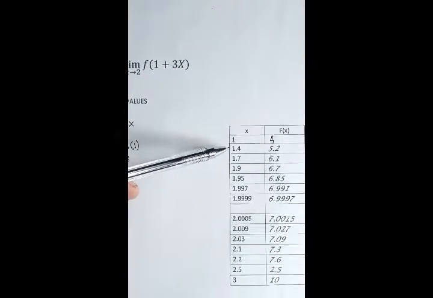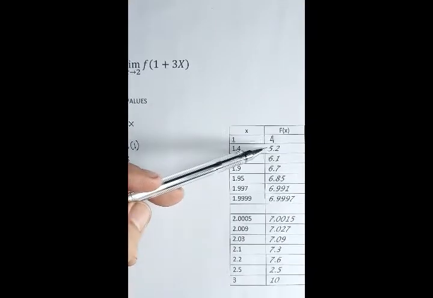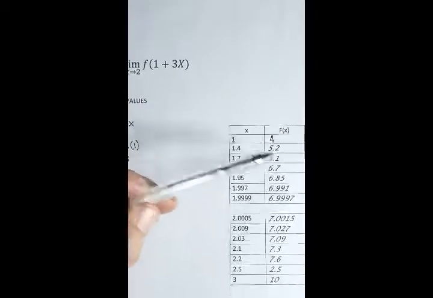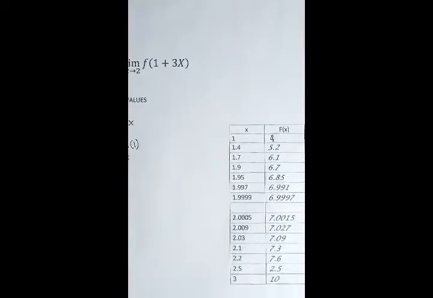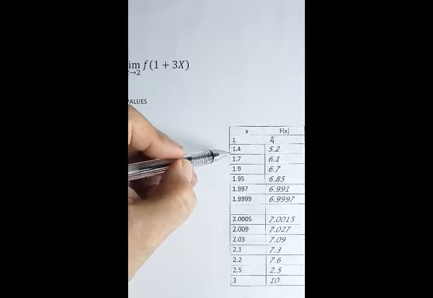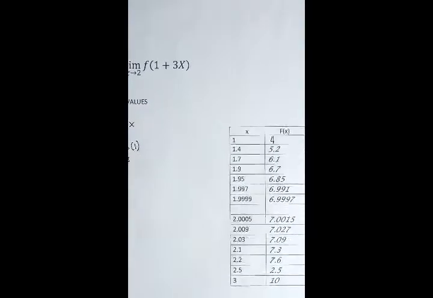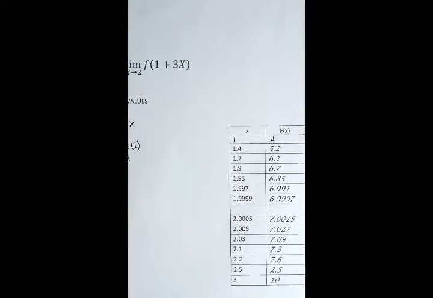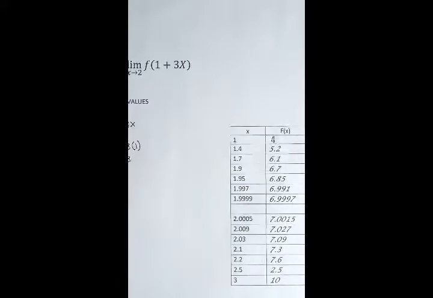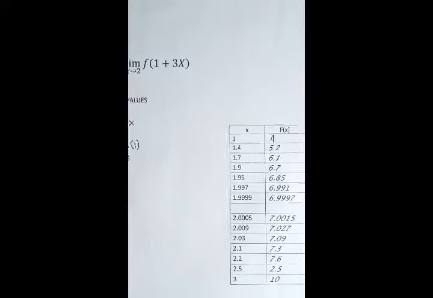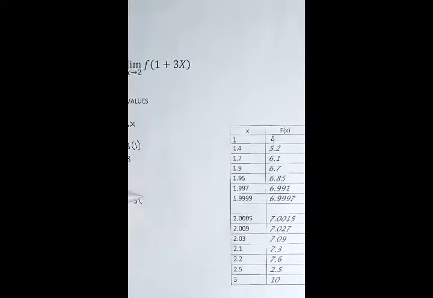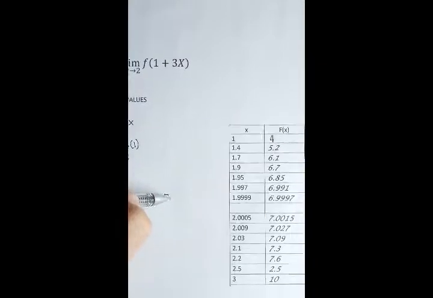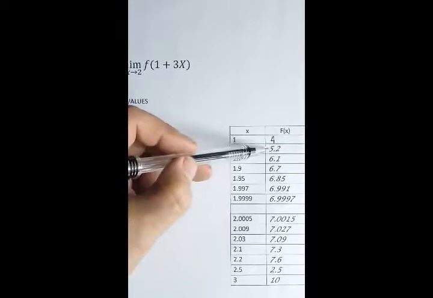And then for the rest of the values of x, I have already input the corresponding values. If you solve, for example, the second column, at x equals 1.4, you have 1 plus 3 times 1.4, which equals 5.2. So this 5.2 comes next.